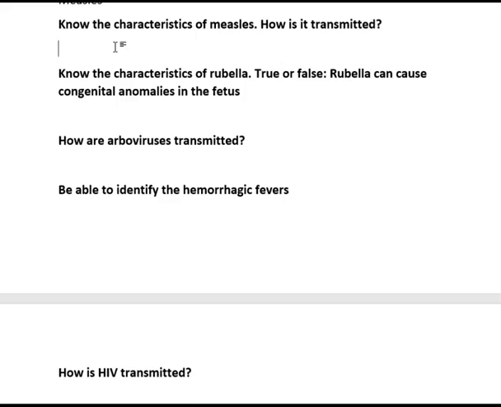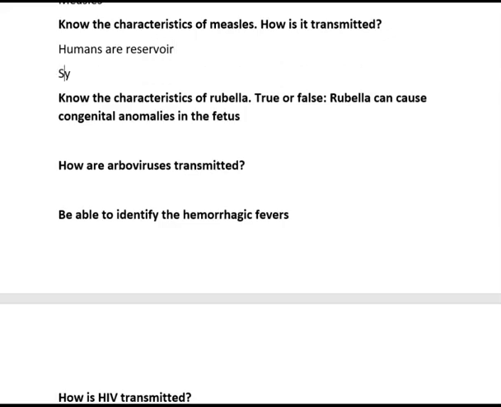I want you to know that we are the only reservoir. I want you to know the symptoms: cough, runny nose, fever, conjunctivitis, and of course the rash.